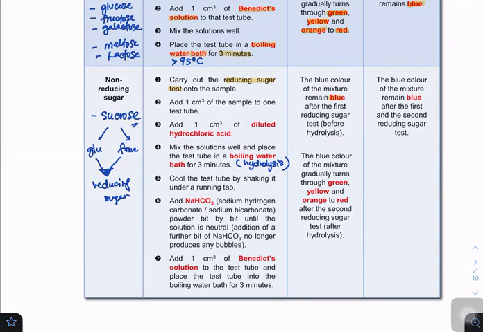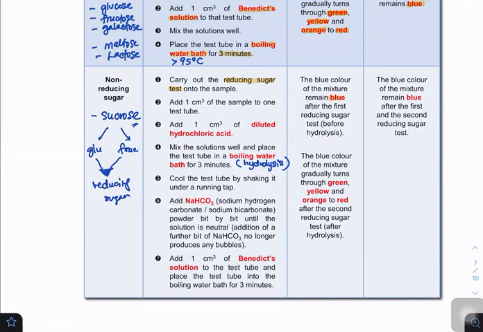It means the neutralization is complete. You will see a little bit of precipitate, which basically indicates that the neutralization has been completed.